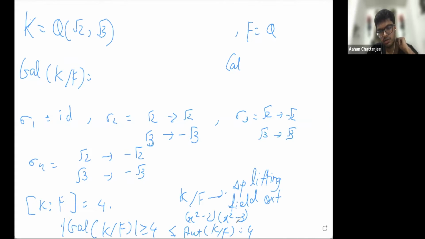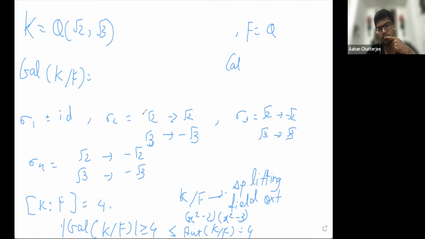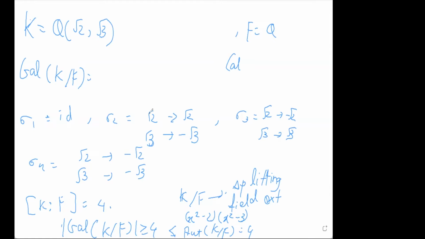The automorphisms basically are determined by the action on the roots, right? Because they all fix Q, and so it is only where root 2 and root 3 get mapped to. Yes. I got that, but why not any other automorphism?